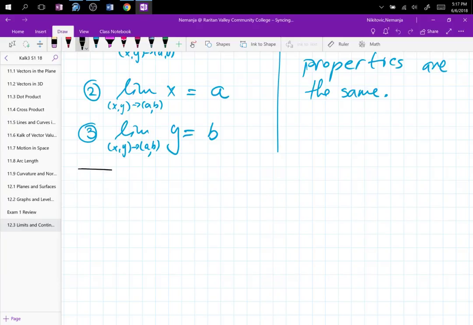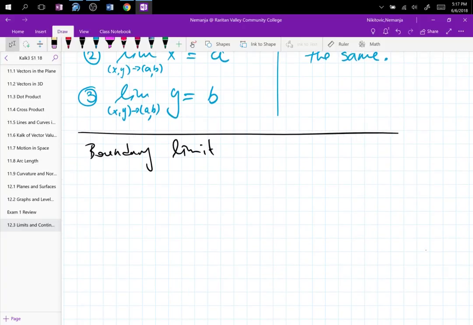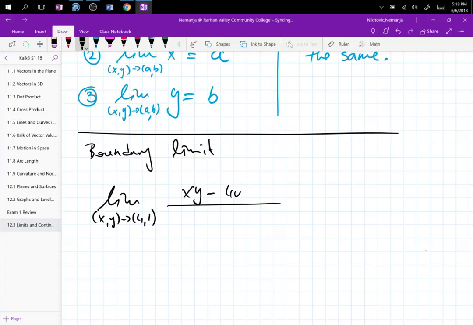Boundary point problem, I'll call it boundary limit. You have the limit as (x, y) approaches (4, 1) of the function xy minus 4y squared divided by root x minus 2 root y.